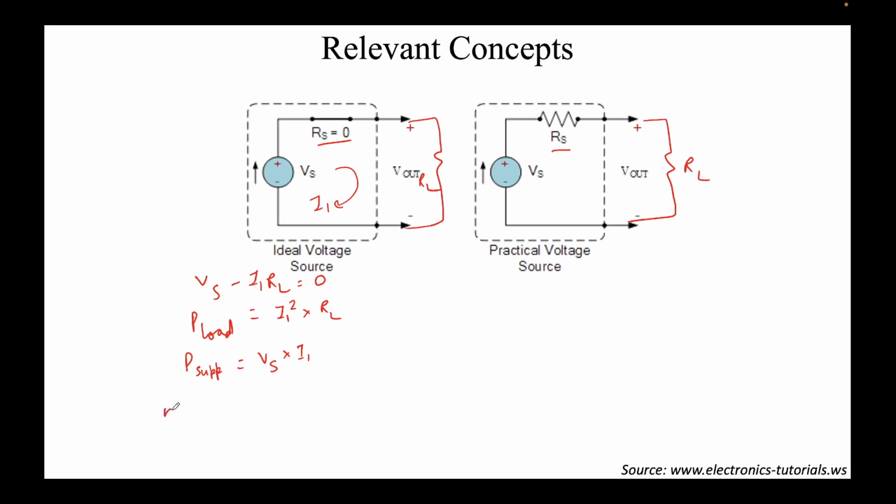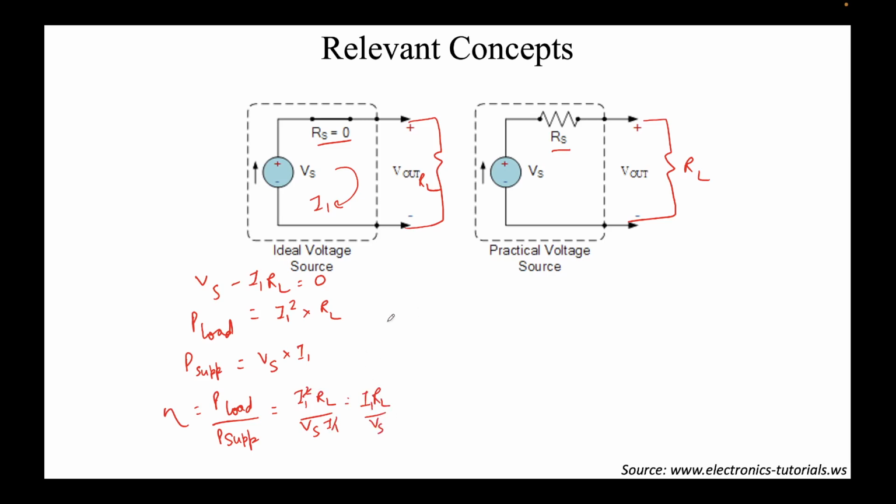The power transfer efficiency eta, which is equal to power supplied to the load over power supplied by the battery, will be equal to I1 square RL over Vs I1. I1 gets cancelled and we get I1 RL over Vs.